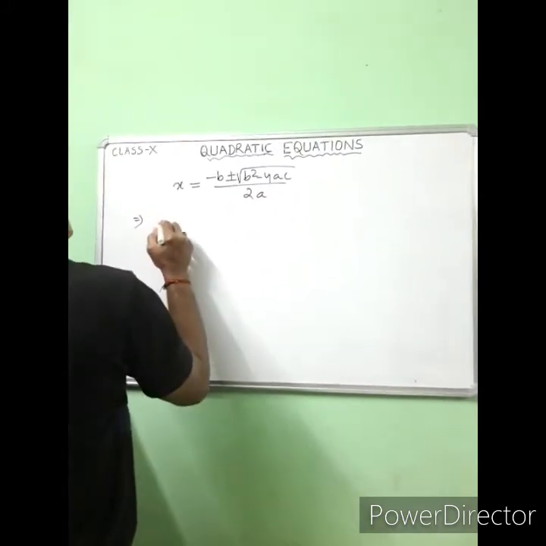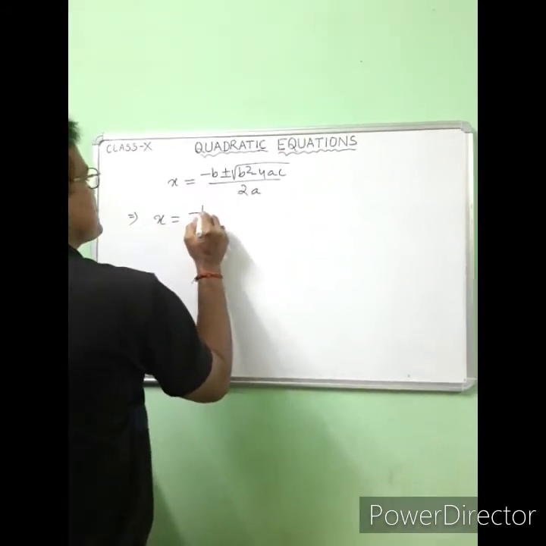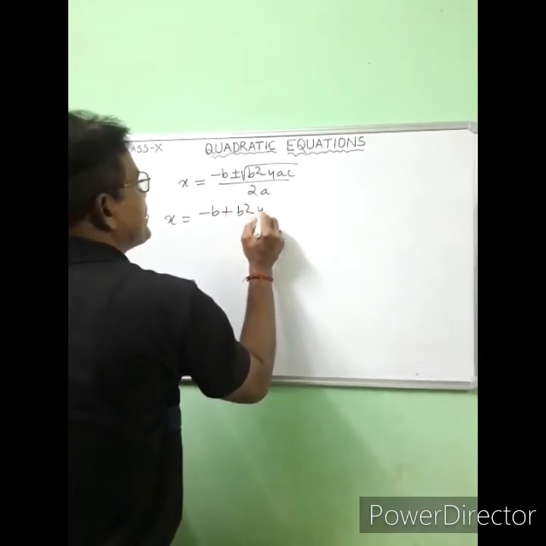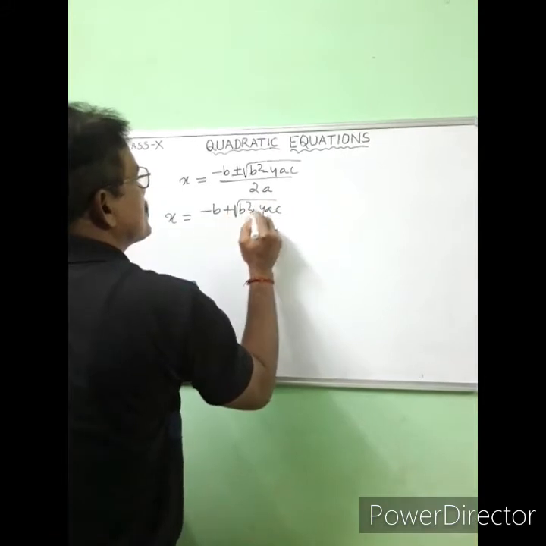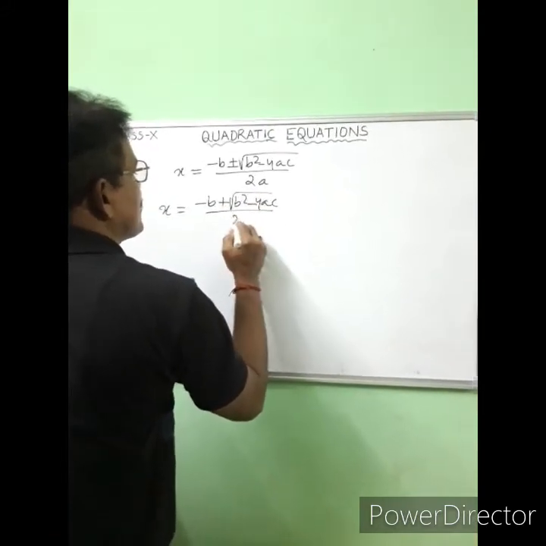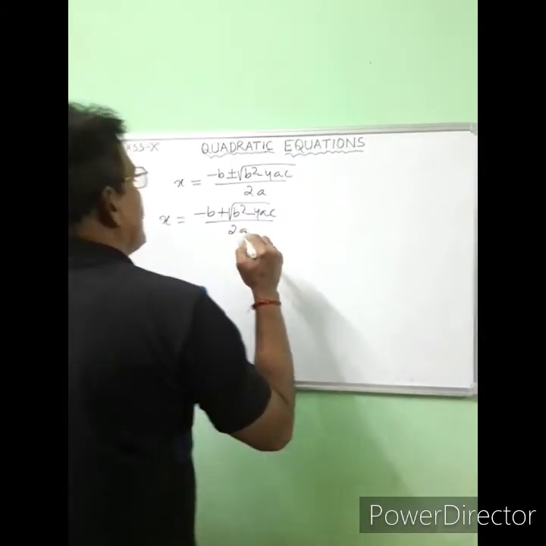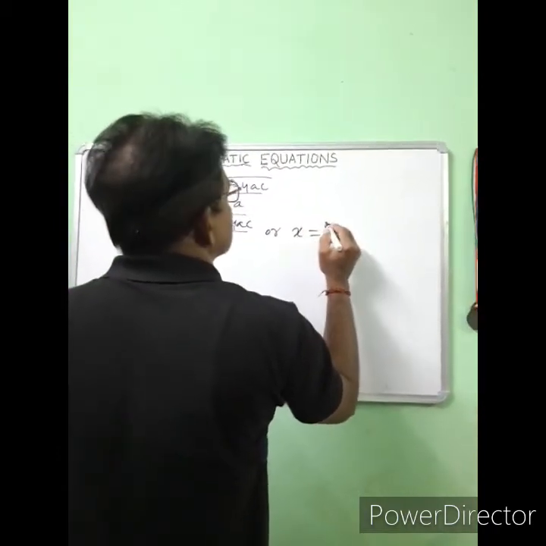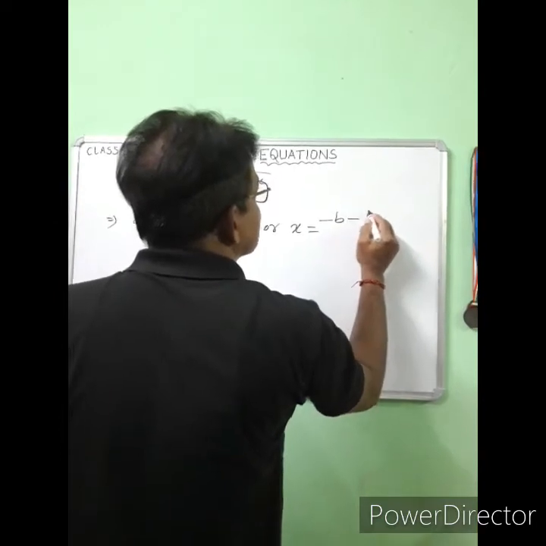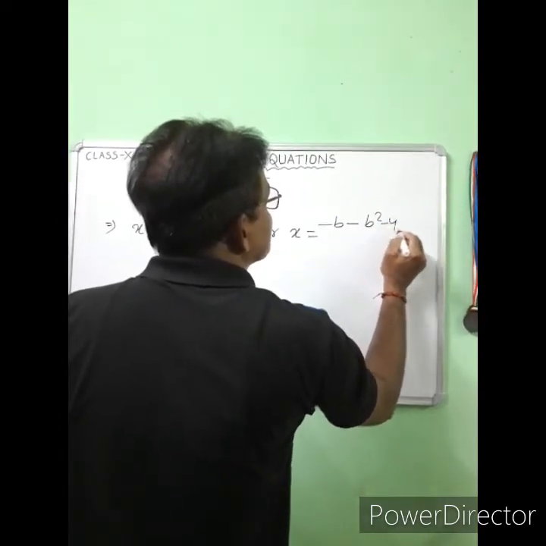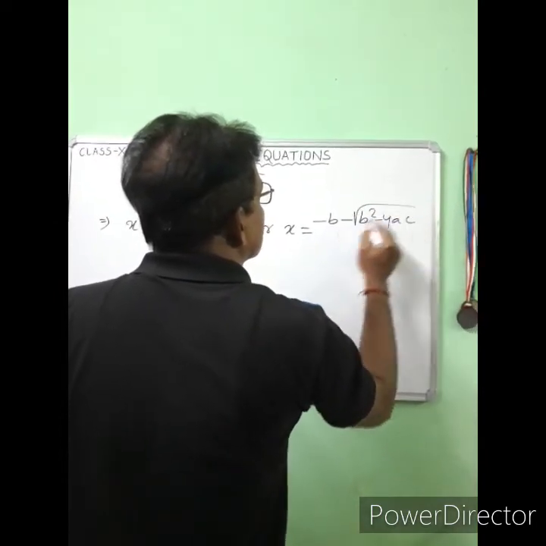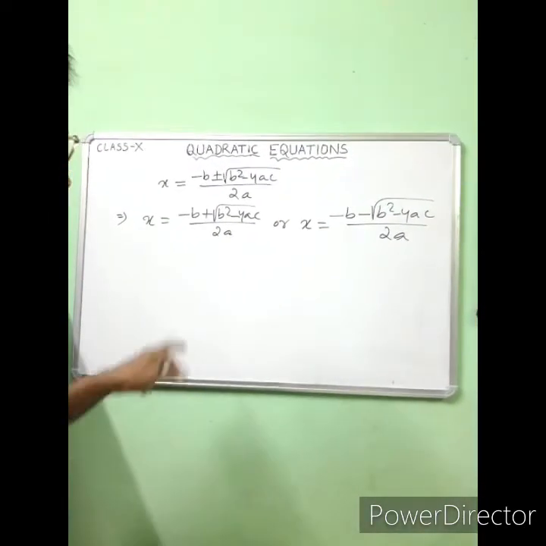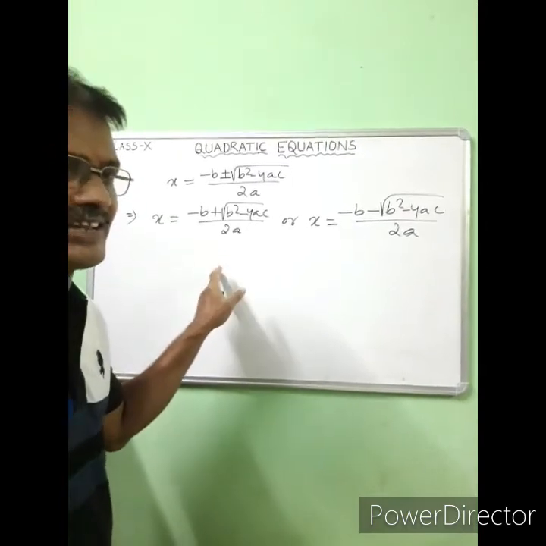That means x equals minus b plus root of b square minus 4ac over 2a, or x equals minus b minus root of b square minus 4ac over 2a. Clear? We have already discussed this in the last class.